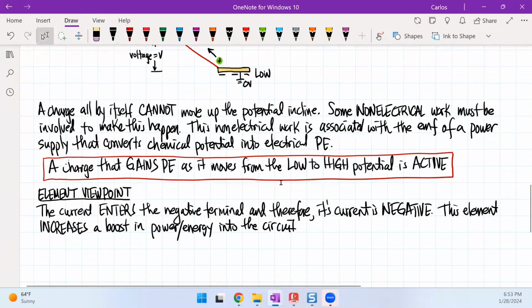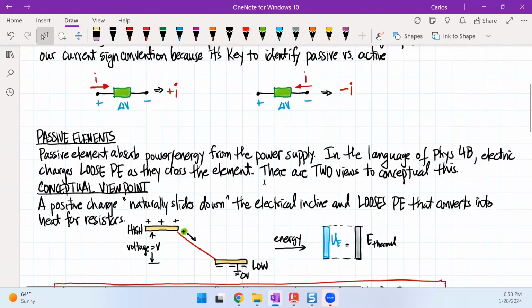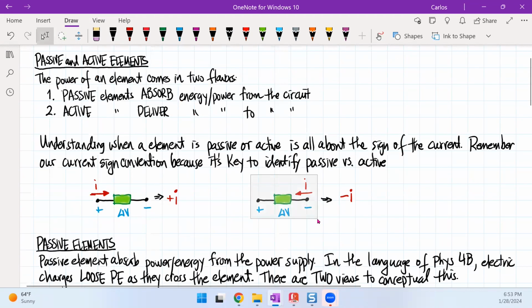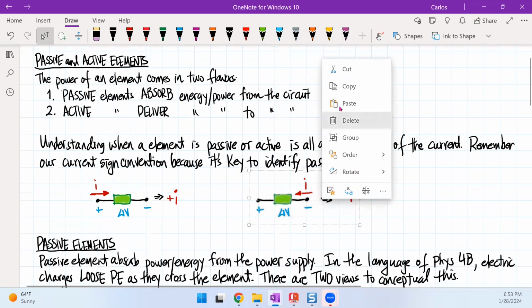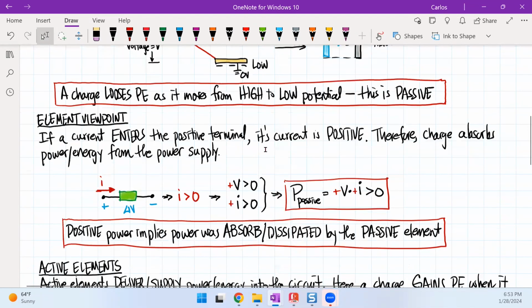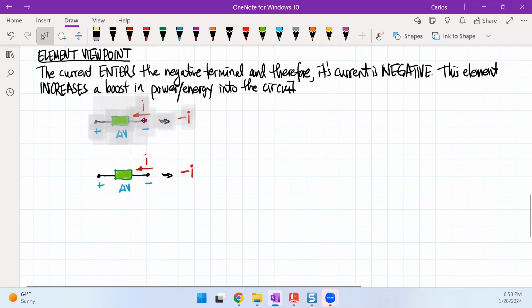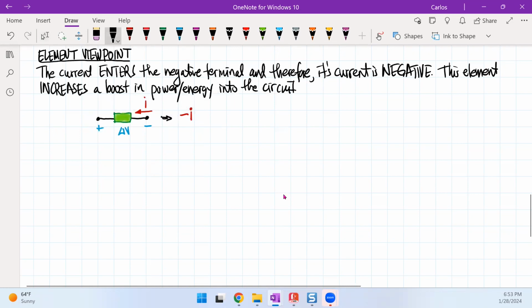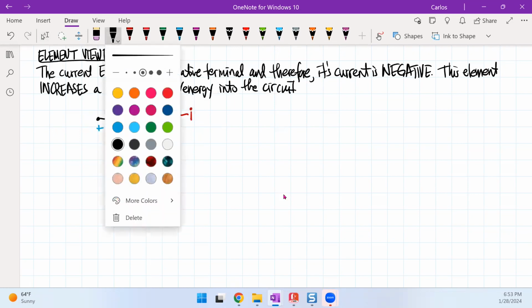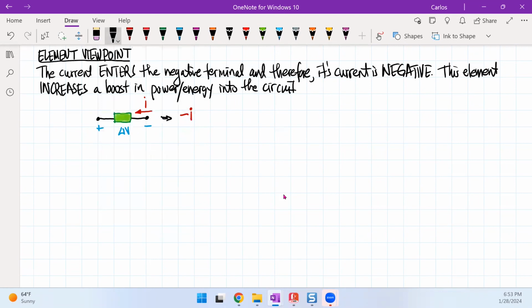So we've already drawn this, so I'm going to just come up here and get it. This is our active element. So if I bring this down here and I paste it, this is what we have. The voltage is positive because it has a positive sign.